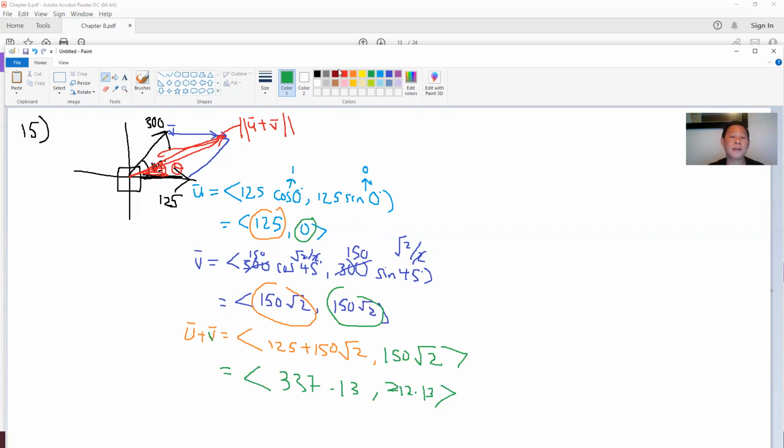So now the question is asking us what is the magnitude. In order for us to find the magnitude, you take this number, 337.13, and square it, plus the second component, 212.13, squared, and then take the square root. So just take this square and that square, and then take a square root. That's your magnitude.